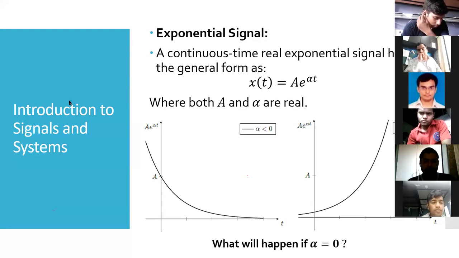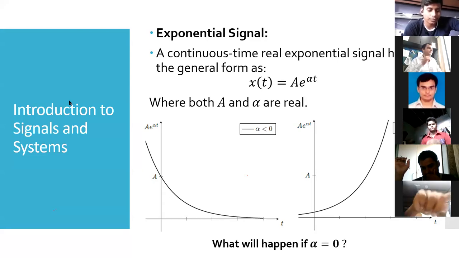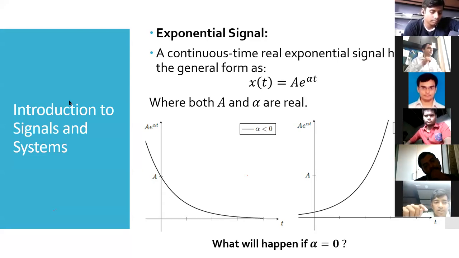It becomes A. Very good. And how will you draw it? Sir, straight line on A. Great. That's what I wanted to hear from you.